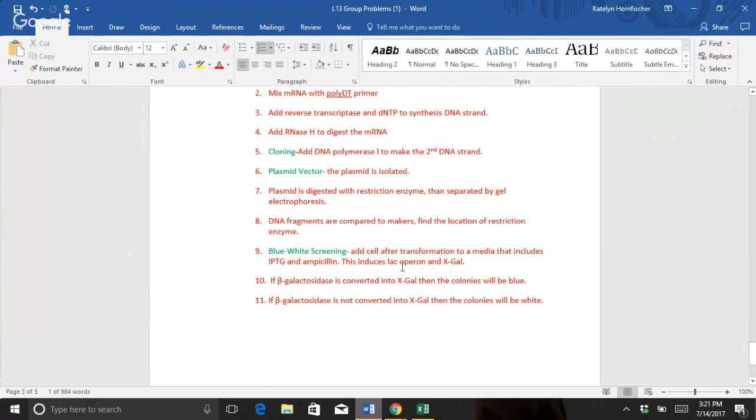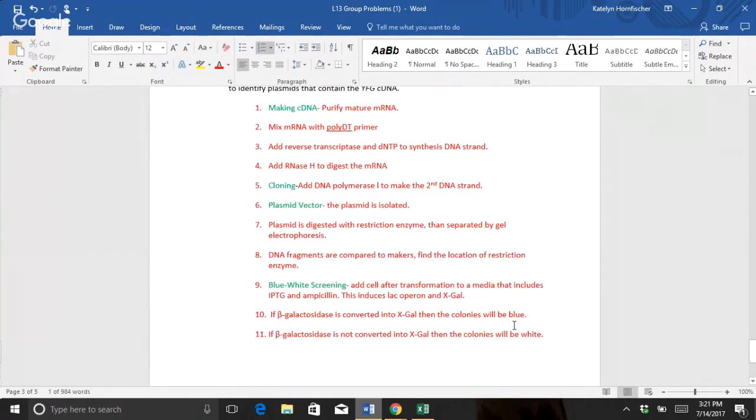And this induces the lac operon and the X-gal. So if the beta-galactosidase converts X-gal, then the colonies will be blue. And if the beta-galactosidase does not convert X-gal, then the colonies will be white. So you'll know if it's present or not.